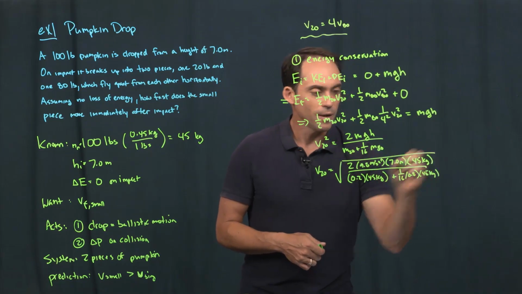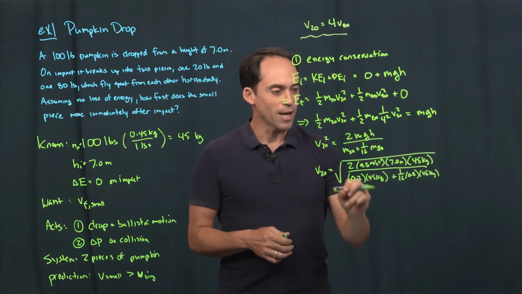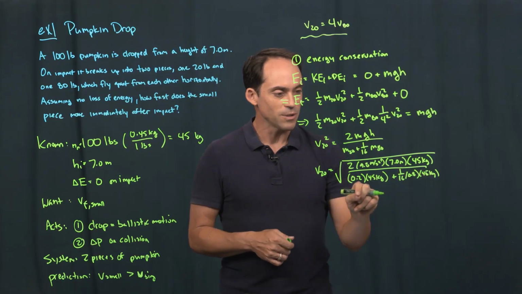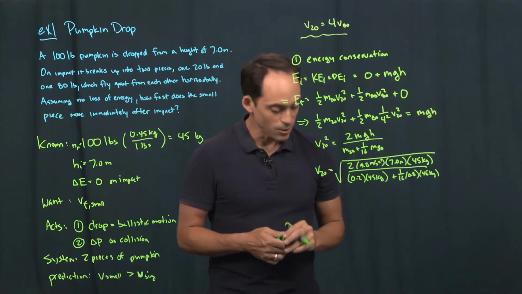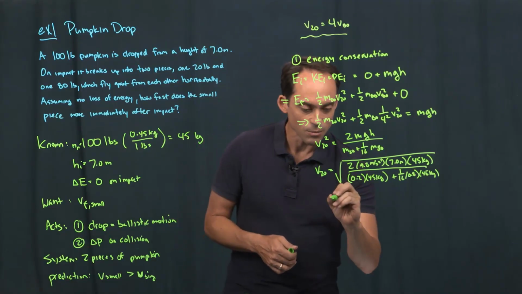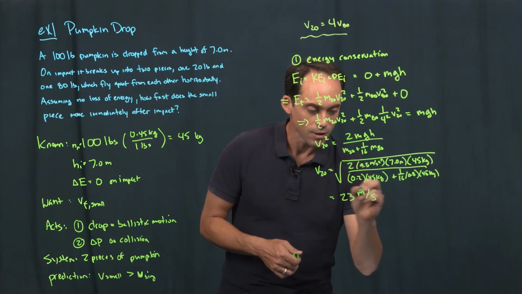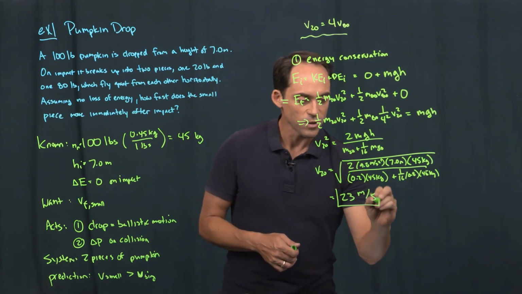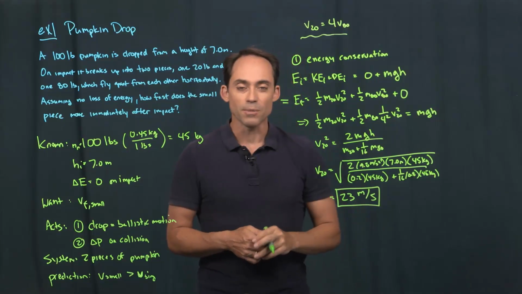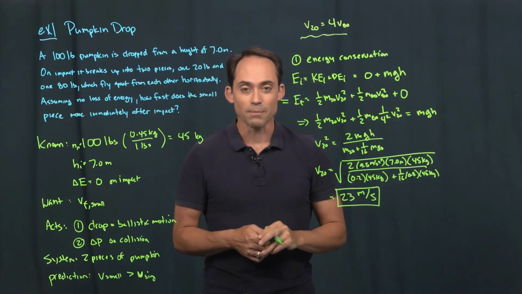Lots of numbers, but it's not too hard math. We can see that we're going to cancel out our kilograms. We're going to have meters squared per second squared, which if we take the square root is our meters per second. And we write all these numbers down, we're going to get a number of about 23 meters per second for the speed of the small piece of pumpkin as it shoots out upon impact.